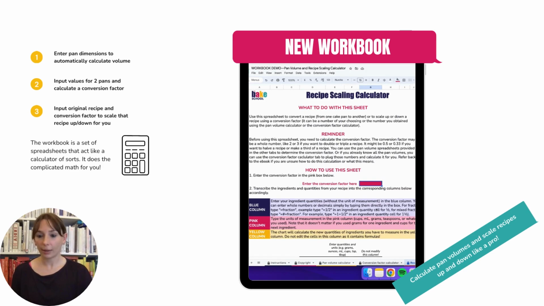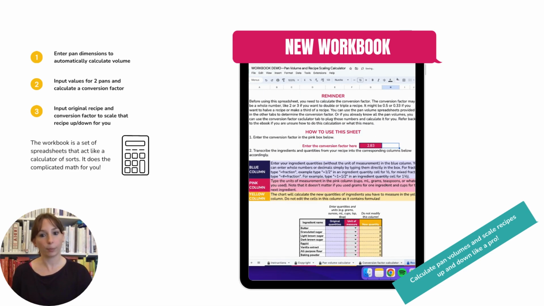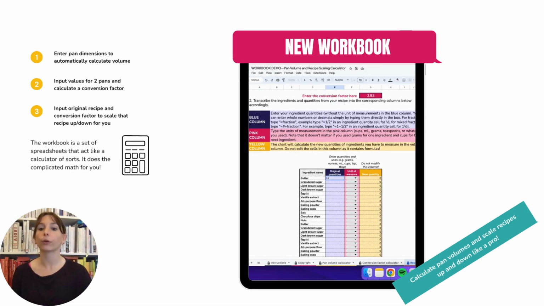Then if you take that conversion factor and you put it into the recipe calculator along with your ingredients and the quantities, the spreadsheet will do the math for you and it will scale up or down your recipe for you. And you will be left with the quantities that you need to measure in order to make your modified batch size.